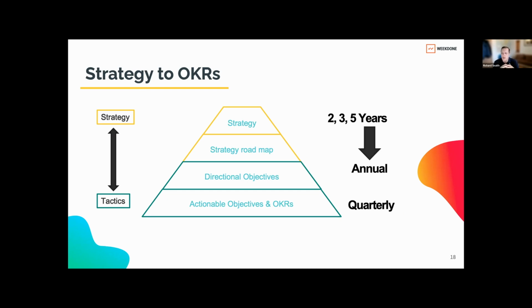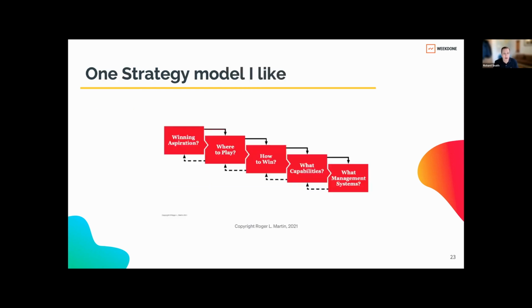One of the big issues with strategy is that for leadership it's super important, but translating straight from strategy to what am I going to do this week, this month, this quarter is very difficult for most people in the company. We need to make sure we've mapped that correctly and we're guiding people in the right direction.